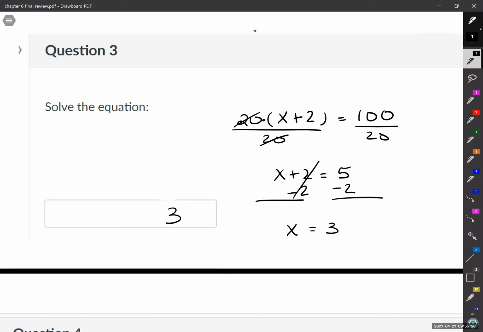I think in this case, dividing both sides by 20 was more efficient.